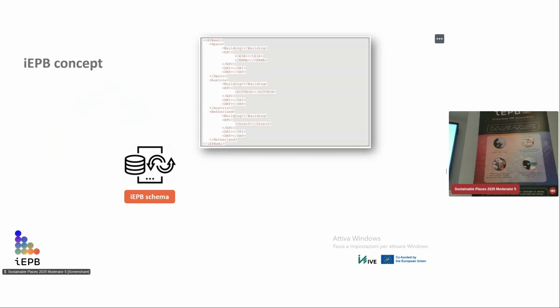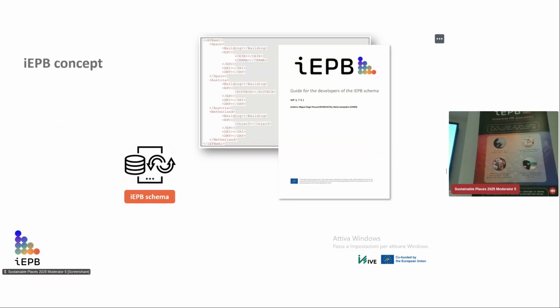This is a screenshot of the structure or architecture of this schema. And we have also developed a guide for developers to implement the iEPB schema because it is open, scalable for any building assessment.